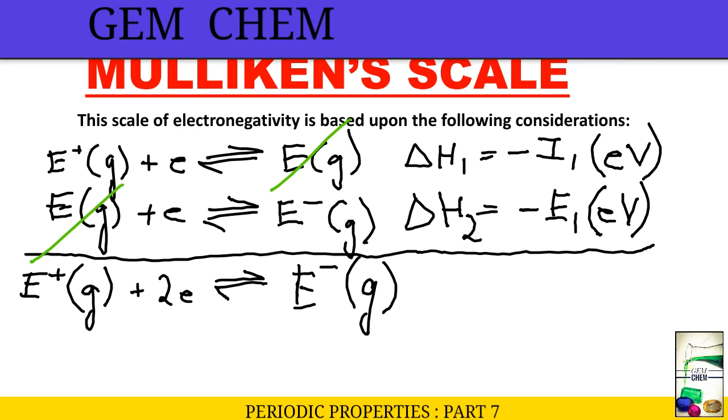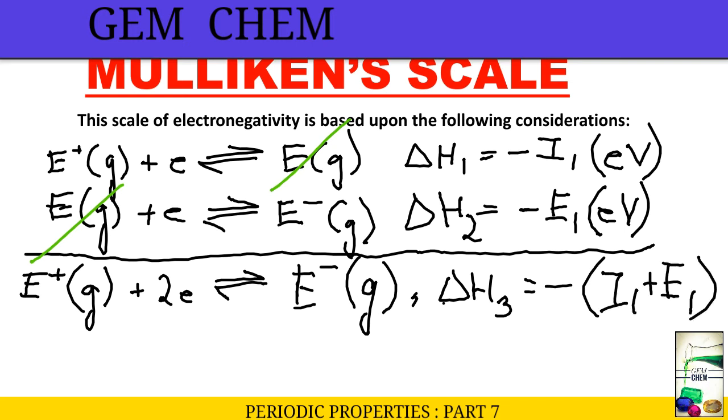Now then delta H3 comes to be as minus I1 plus IE1, right, minus I1 plus E1. The more exothermic this third reaction, the greater is the attraction of E plus for a pair of electrons.